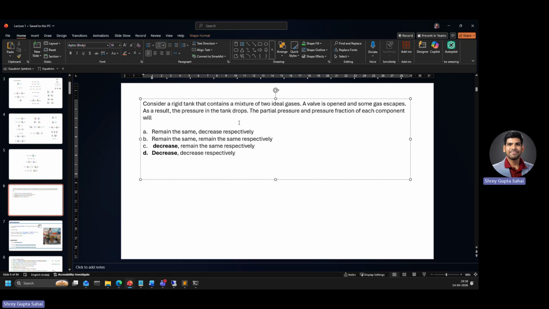Now, because the composition of the two ideal gases will not be varying, that will remain the same.